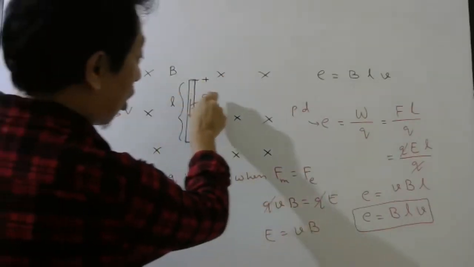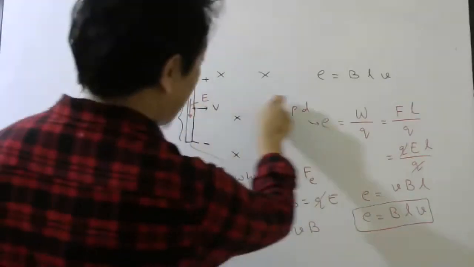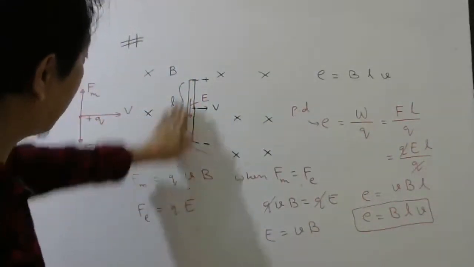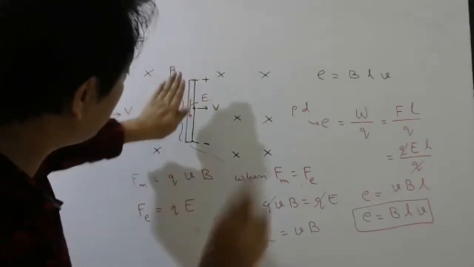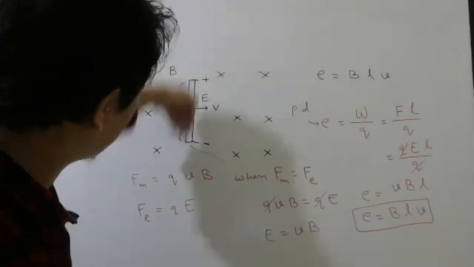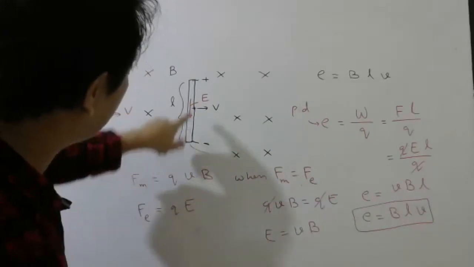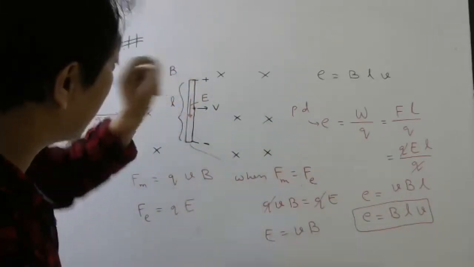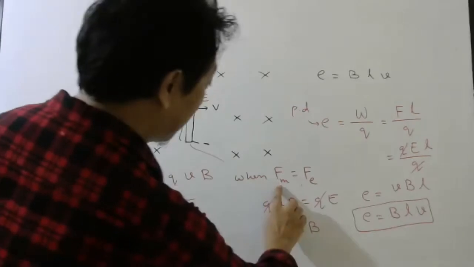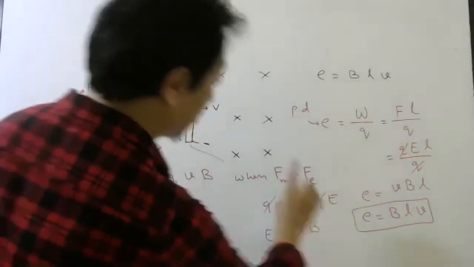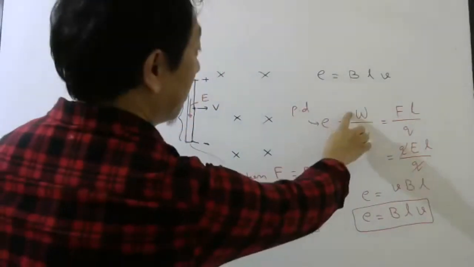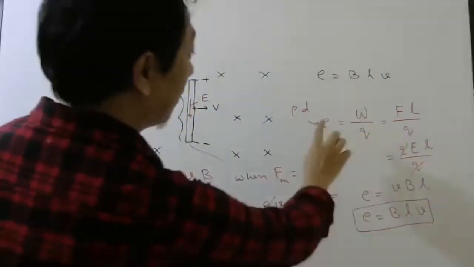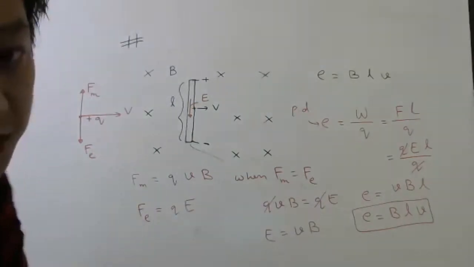As long as the rod is moving, it will feel a magnetic force. Positive charges here will feel magnetic force this way, which means negative charges will feel force this way. So this end will be negative, this end will be positive. In equilibrium, the magnetic force will be balanced by the electrostatic force. So the work done by the electrostatic force per unit charge is what we call EMF, or potential difference.